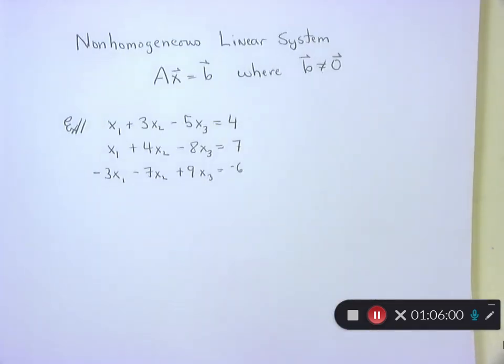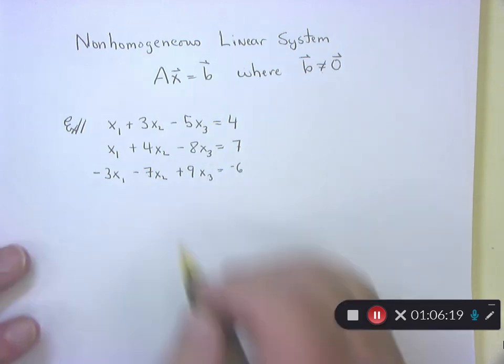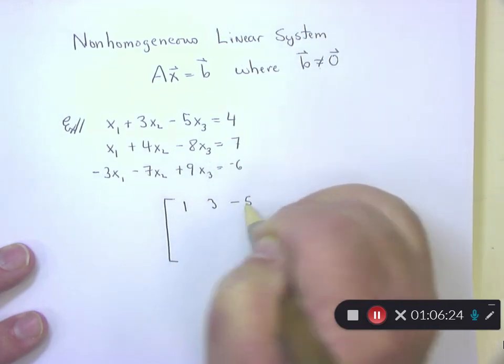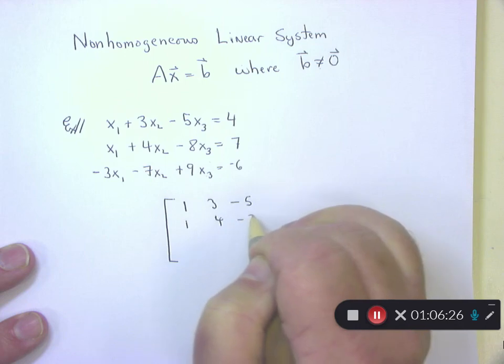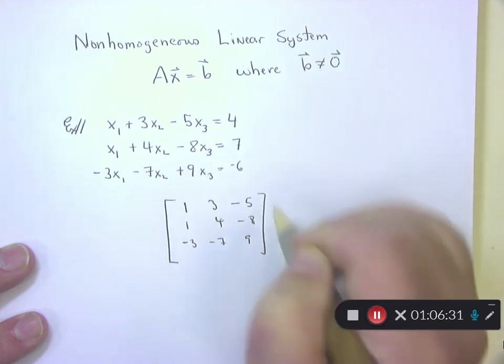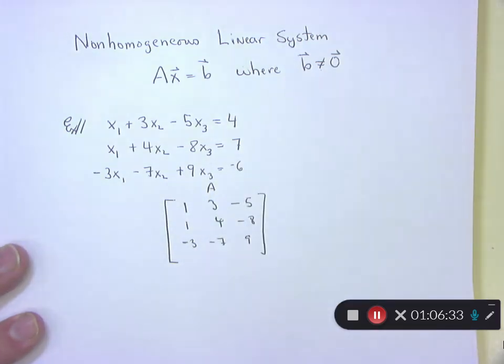So an example would be something like this. Okay? x1 plus 3x2 minus 5x3 equals 4. x1 plus 4x2 minus 8x3 equals 7. And minus 3x1 minus 7x2 plus 9x3 equals negative 6. How would you write this as a matrix equation? As a matrix equation, this would be 1, 3, negative 5, 1, 4, negative 8, negative 3, negative 7, 9, multiplied, so this is your matrix A, called the coefficient matrix.